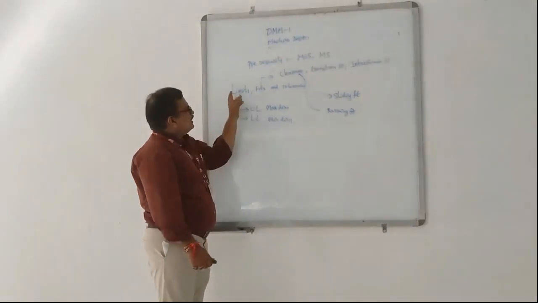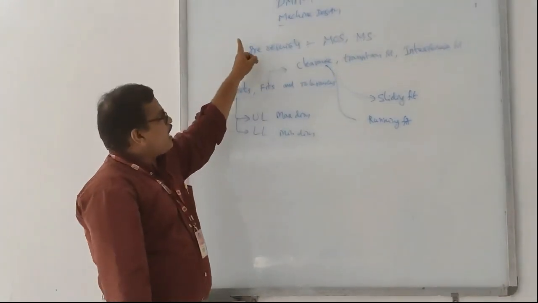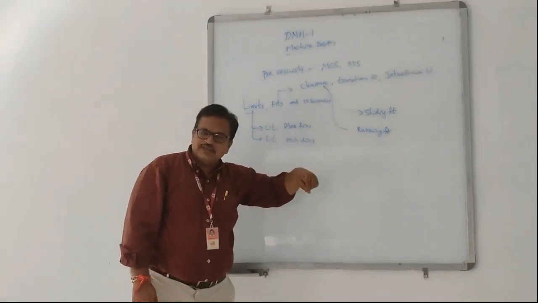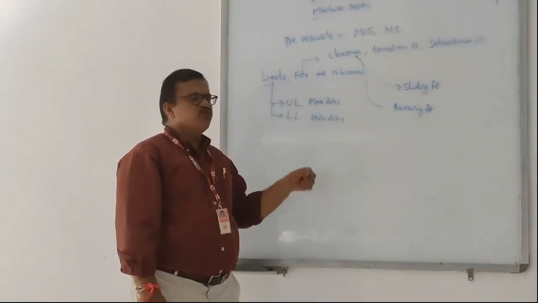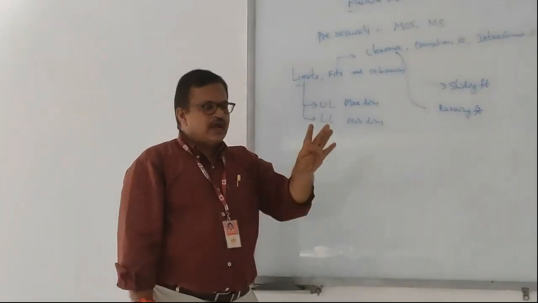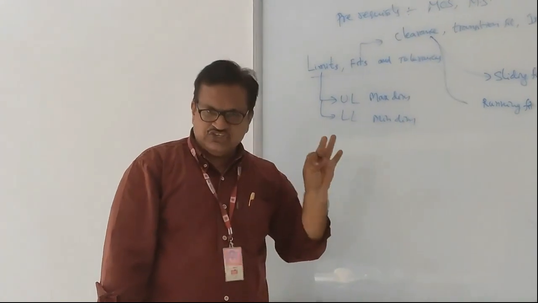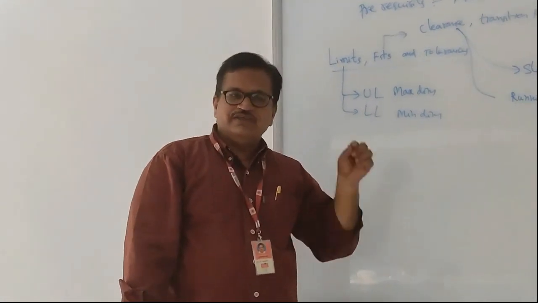So now limits, fits and tolerances also come under the first unit of DMM1. Till now we have discussed things like what is design and what is machine, what is engine, and then what is the design of the element.